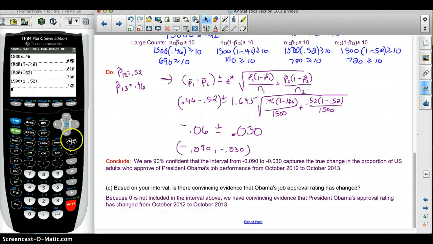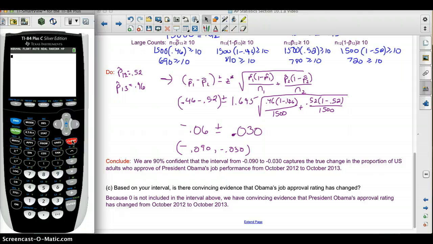Okay, you can also go and perform this z interval on your calculator. If you go to stat, over to tests, you want to find the one that says 2-prop z interval. You notice it's not on this screen. If you hit the up arrow instead, you'll see it's on the second screen there, where B is. So if you go to 2-prop z interval and hit enter, you're going to want to put in your x sub 1 and your n sub 1, your x sub 2 and your n sub 2.